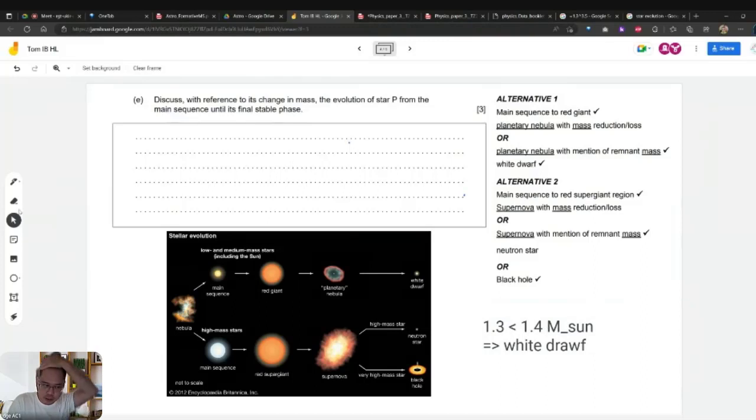So please describe that. Okay. 3 marks for 3 ideas. Huh? The main sequence star to red giant, it will evolve, it will collapse first, and then expand, becoming a red giant, and then the outer layer explodes, forming a planetary nebula. Right. The core keeps contracting and cooling, becoming a white dwarf.